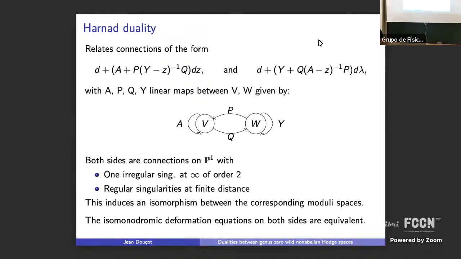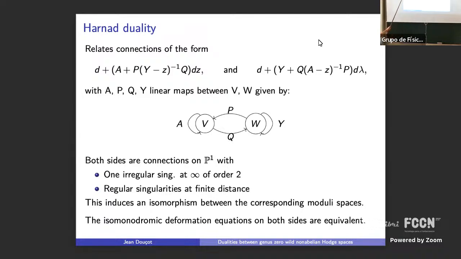Maybe first let's mention some history. This question of relating different isomonodromy systems or different moduli spaces of connections already has some history, and maybe the simplest setup where such correspondences appear is the so-called Harnad duality, which relates connections of this form. On one side you have a connection like this, and on the other side a connection like this.